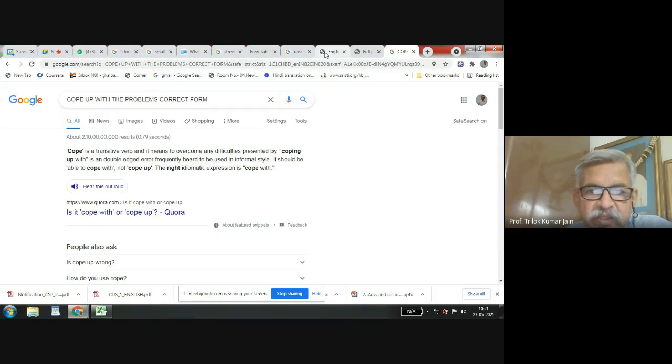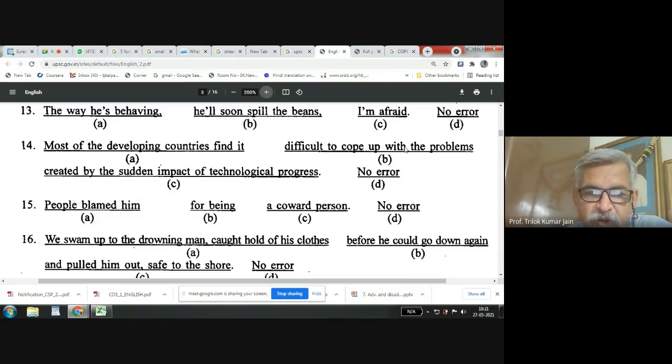Yes, the correct form is cope with the problems. No need of up. Most of the developing countries find it difficult to cope with the problems.